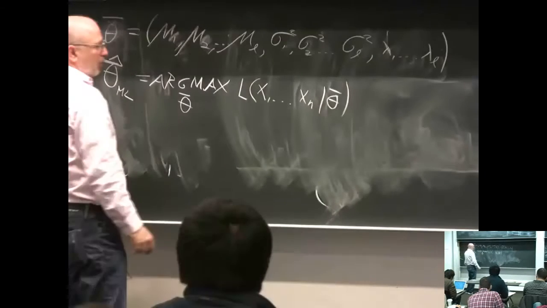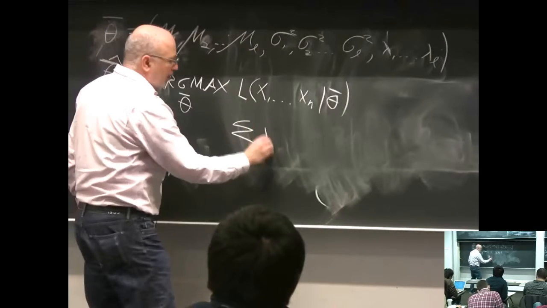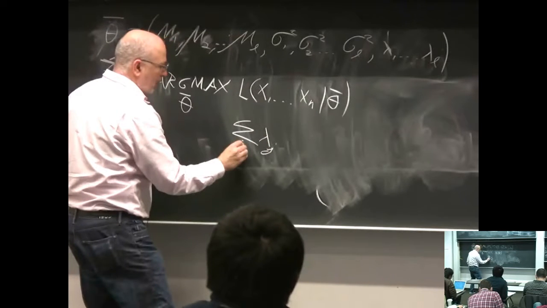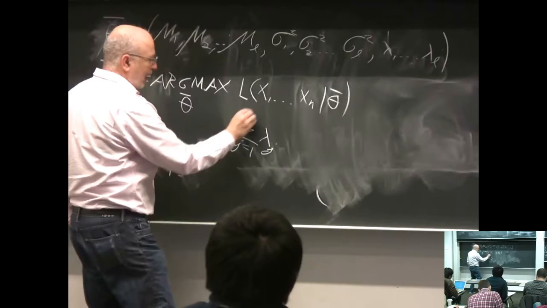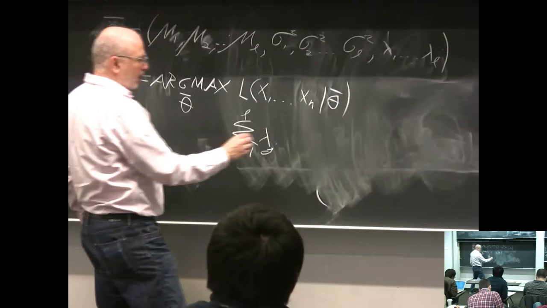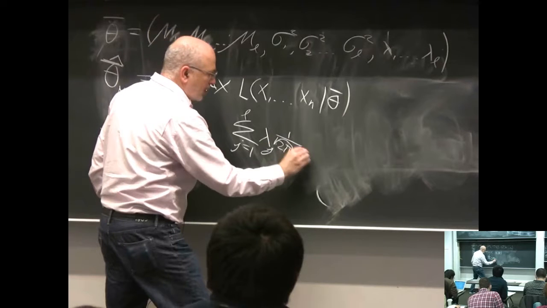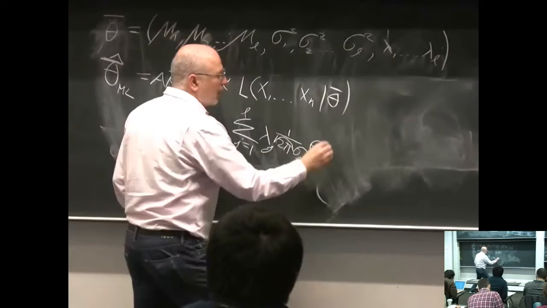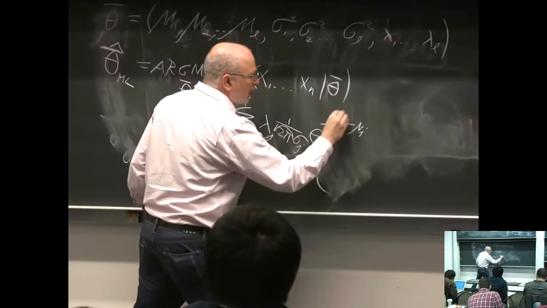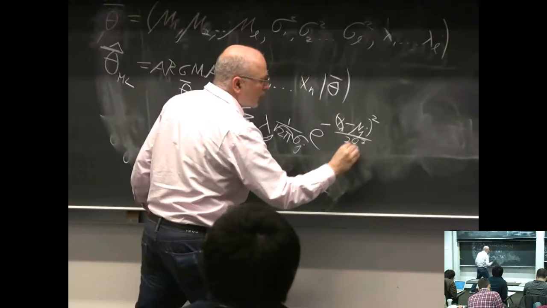But this likelihood is now pretty complicated. It is the sum of lambda j, j goes from 1 to L, of 1 over 2 pi sigma j e to the negative xi minus mu j squared over 2 sigma squared j.